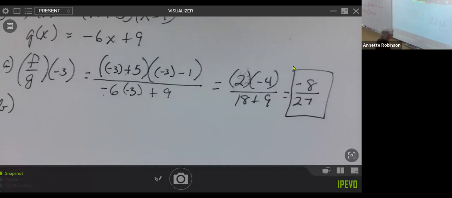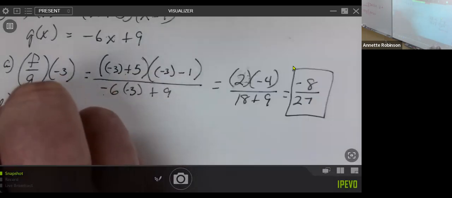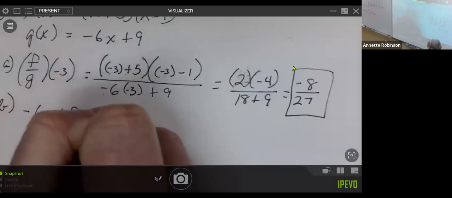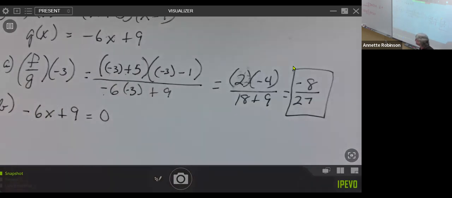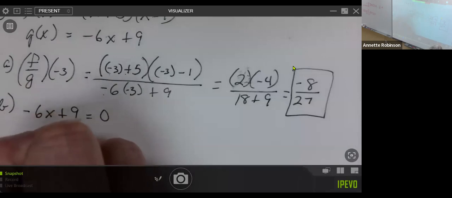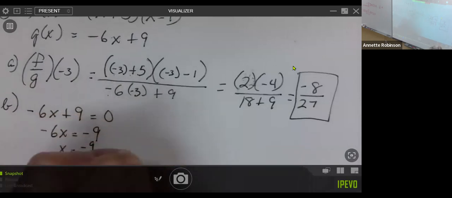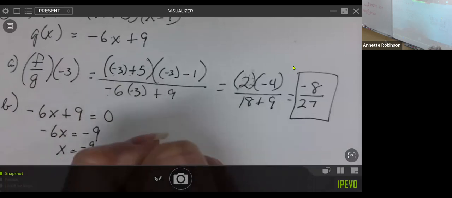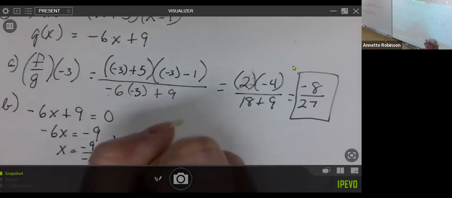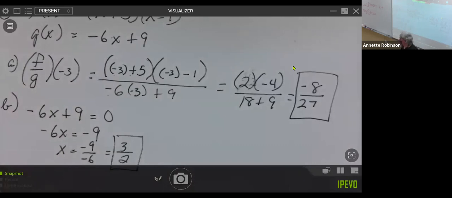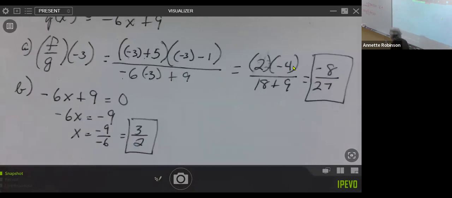In this case then, since the denominator was negative 6x plus 9, solve that for 0. Y'all check my arithmetic. I'm with you.